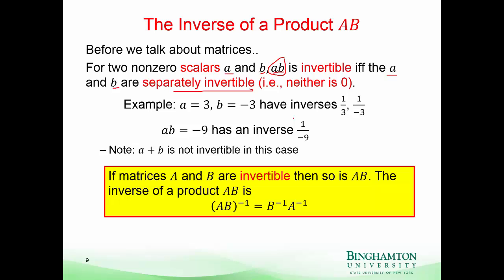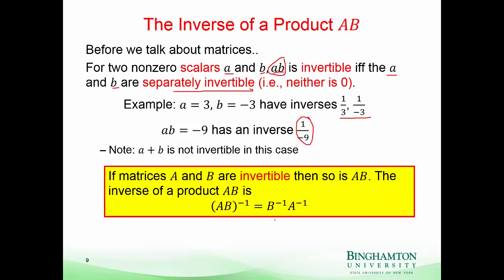So here we say, if matrices A and B are each individually invertible, then so is their product AB. So this is just an obvious generalization of what you know for the scalars. But the interesting thing is that for the scalar case, it doesn't matter which way I multiply those, 1/3 times -1/3, or -1/3 times 1/3, both give me 1 over -9.